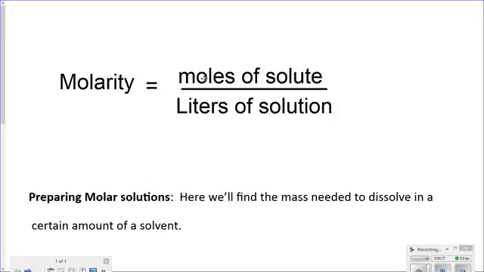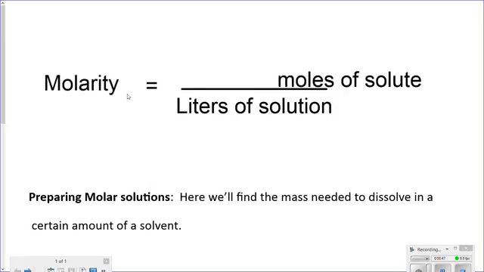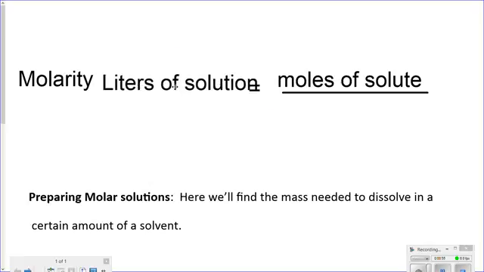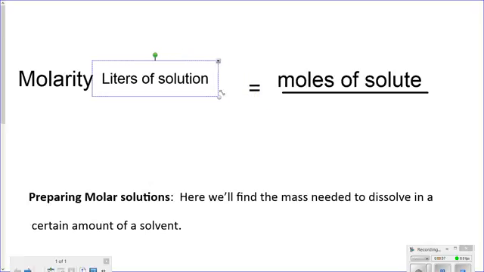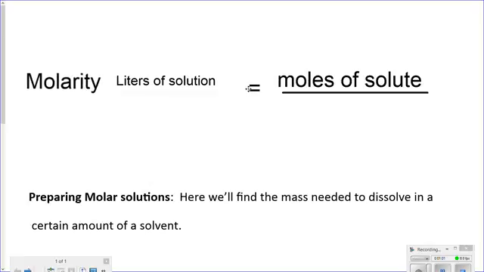To find the mass, I first need to find the moles. And to find the moles, I need to leave this moles of solute alone, which means that I will multiply the molarity times the solution, molarity times solution equals moles of solute.